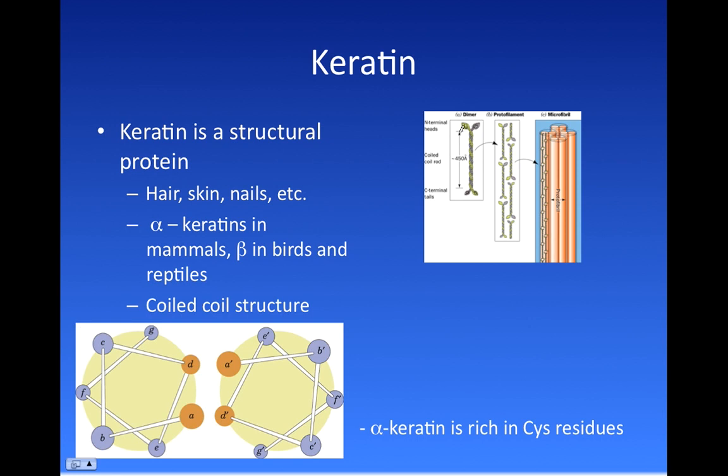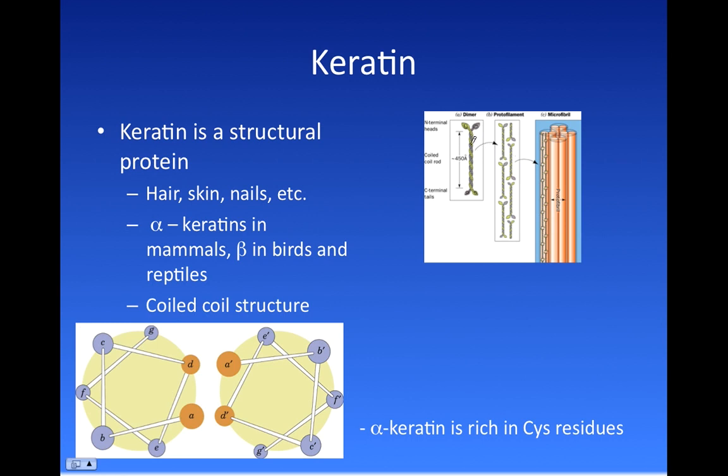Now, this dimer can form larger structures by having different dimers bind to each other to form protofilaments. These protofilaments can bind to other protofilaments to form microfibers, and eventually you get big fibers of keratin.